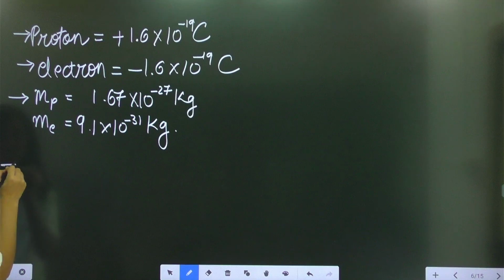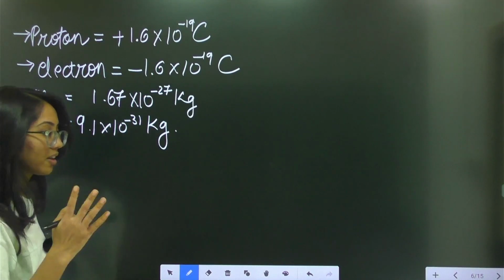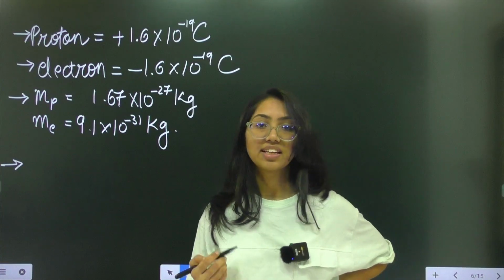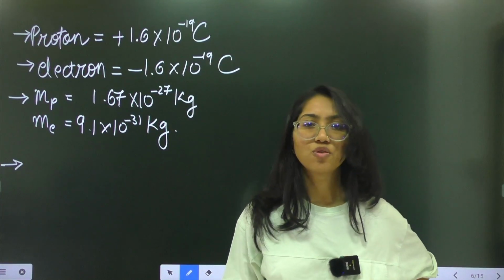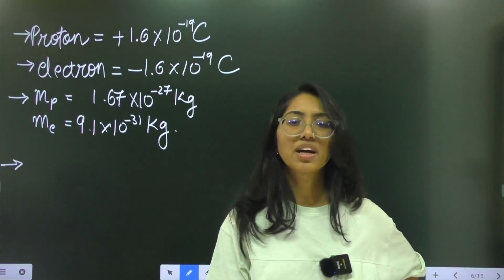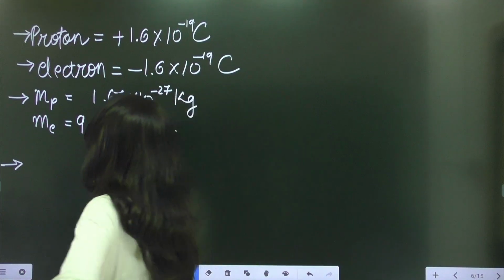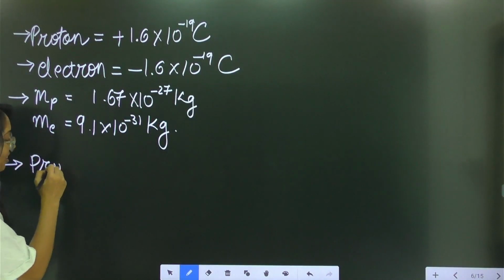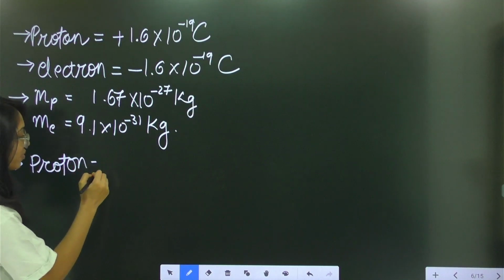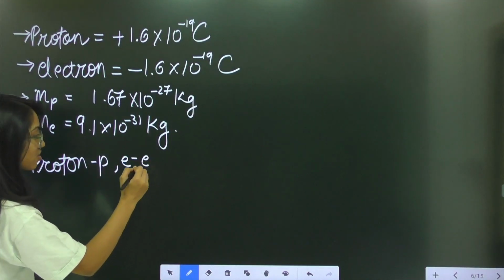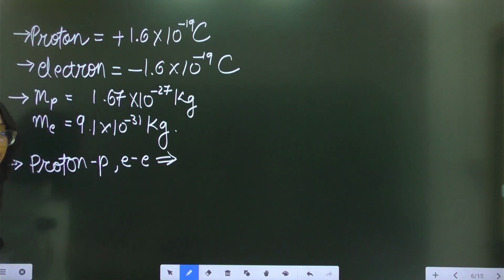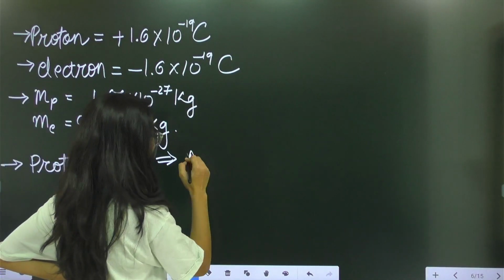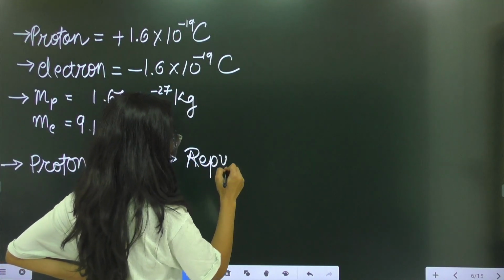Okay. Now, if the proton is a positive charge carrier and the electron is a negative charge carrier, there must be some kind of forces between them, right? Now, proton and proton, or electron and electron, there will be repulsive force between them.